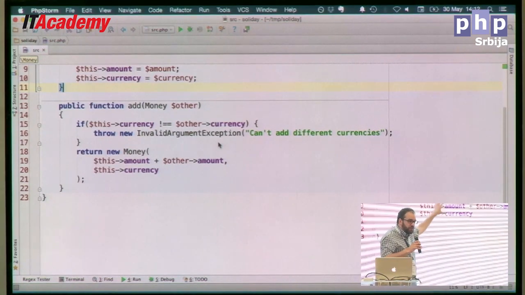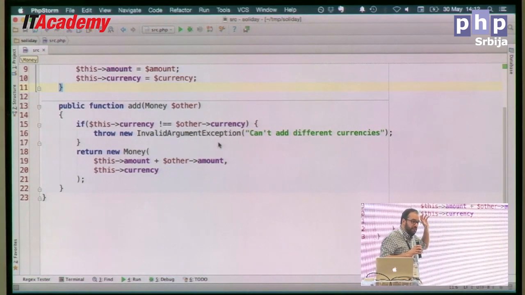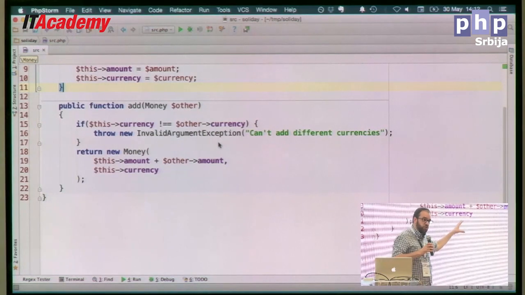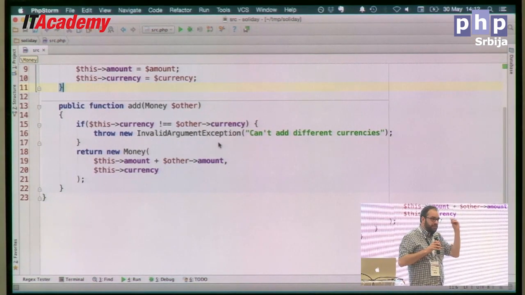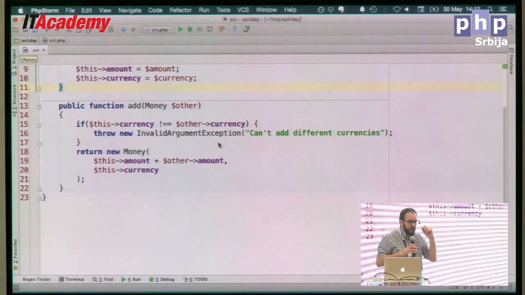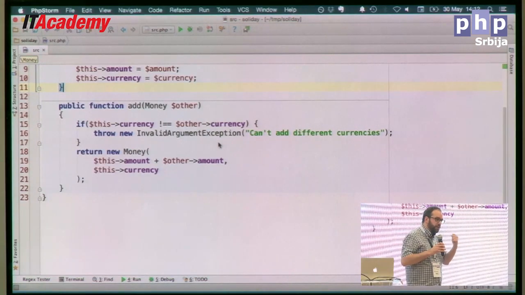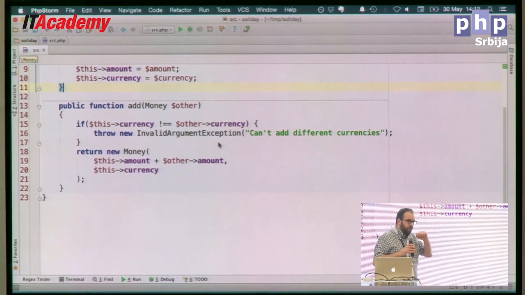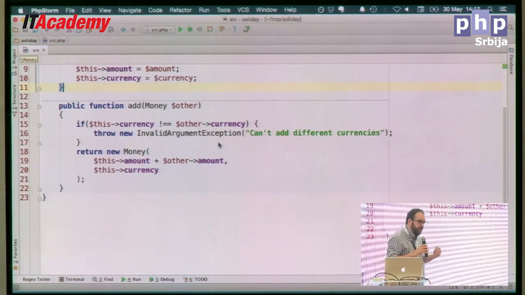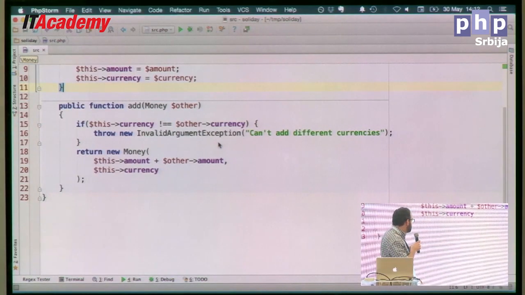So this object is responsible for guaranteeing its own consistency rules. And that's not just value objects, all your objects should do that. If you have that, then this is the heart and soul of object-oriented programming. You have small things that are consistent, that protect their own state, that only talk to other things through contracts that they agree to, and that are small and composable and easily testable. That's how you should build your system.